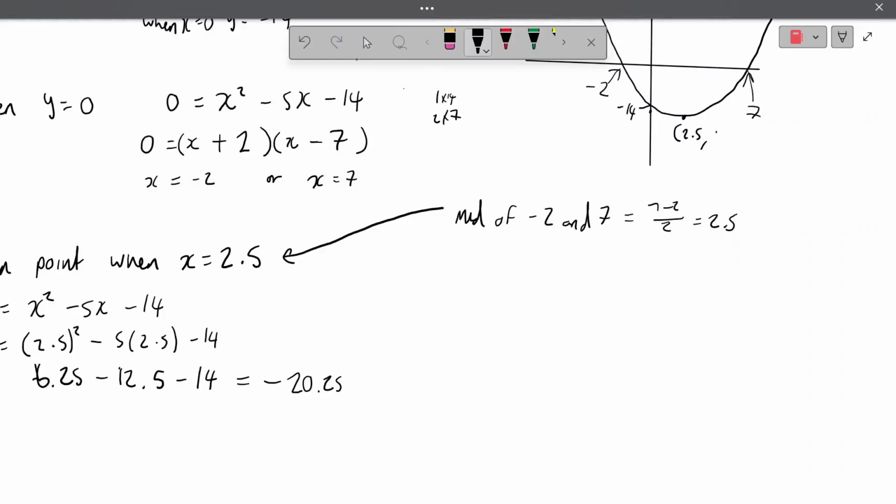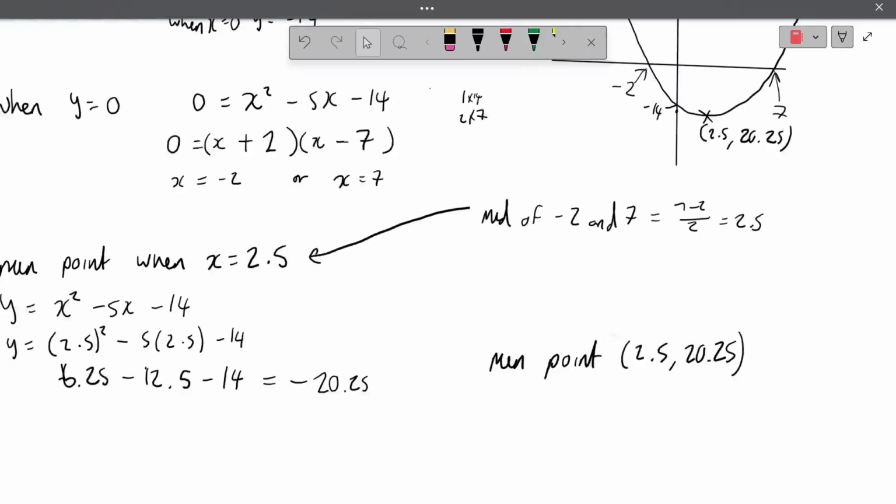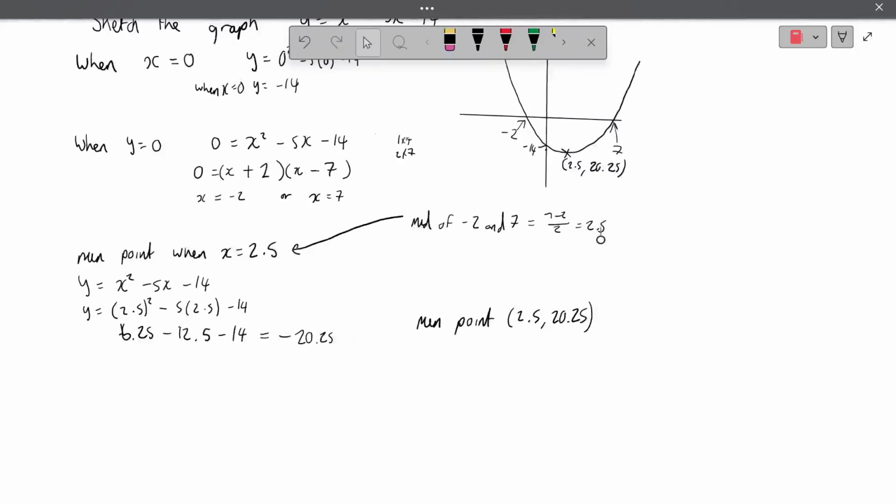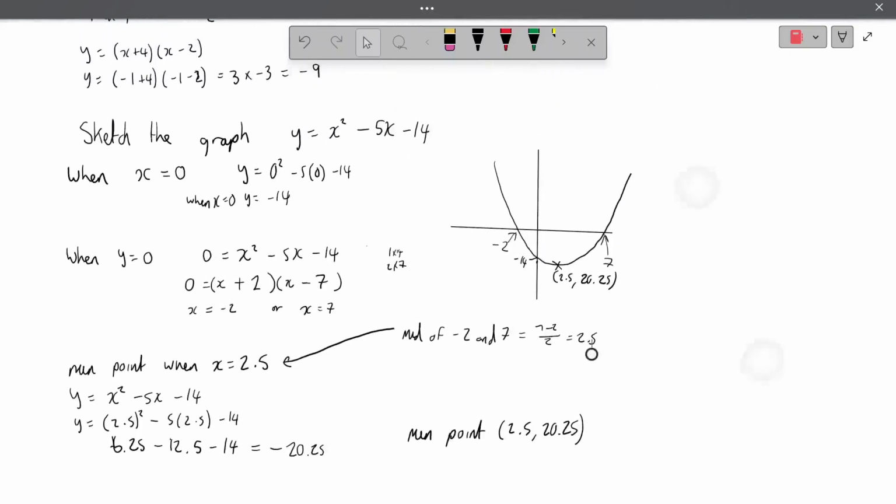So minus 20.25 is our minimum point here. So the minimum point is 2.5, minus 20.25. And just doing the midpoint of two separate bits is often easier than completing the square.